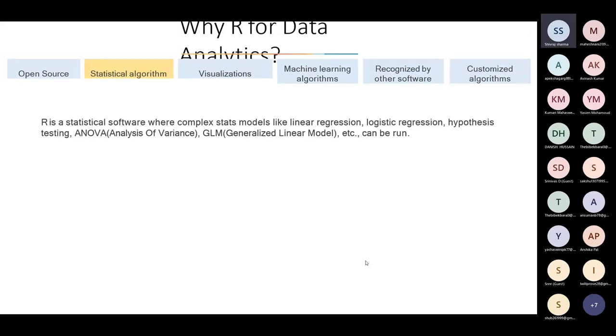I thought you are all aware of terminologies like linear regression, logistic regression, hypothesis testing, ANOVA, analysis of variance, GLM, generalized linear models, etc. All these statistical tools, or you can say statistical models, can be run in the R language.